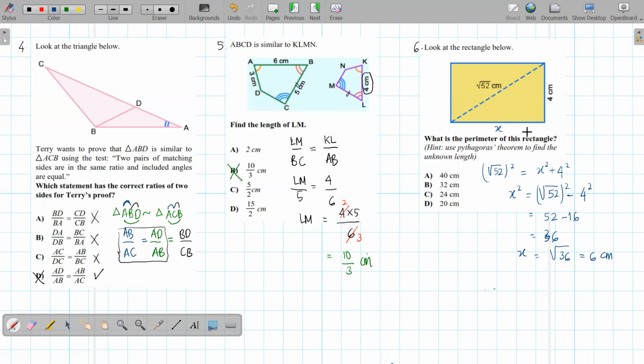Now we have found the length of x, which is 6 centimeters. Now the perimeter of the rectangle is 2 times 6 plus 2 times 4, which is 12 plus 8, so it equals 20 centimeters.